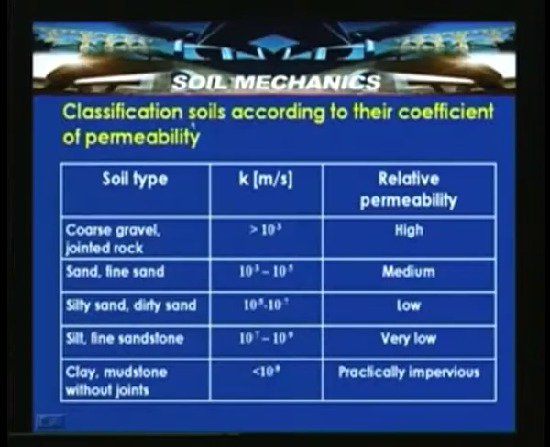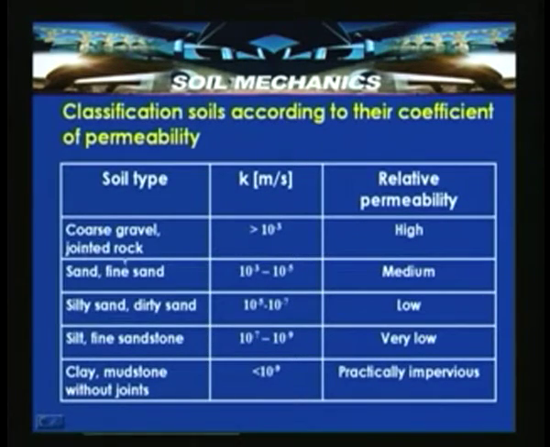Based on these permeability values, the soil can be classified. This classification of soils according to their coefficient of permeability can be carried out as follows. In this table, the first column tells about soil type, the second column gives coefficient of permeability in meter per second, and the third column gives relative permeability.